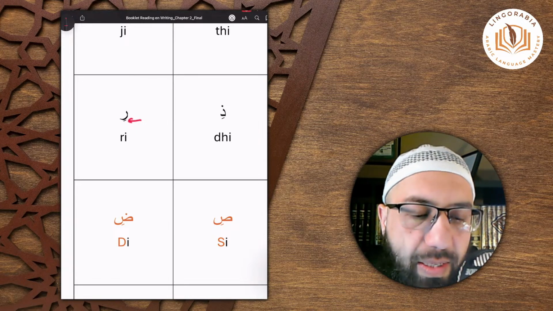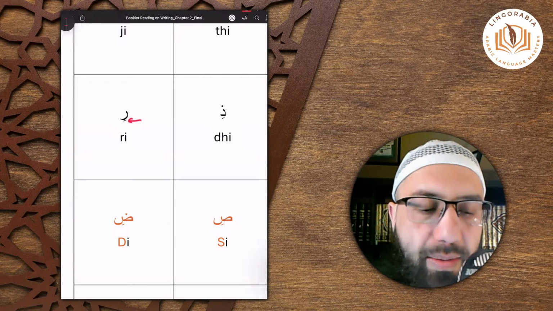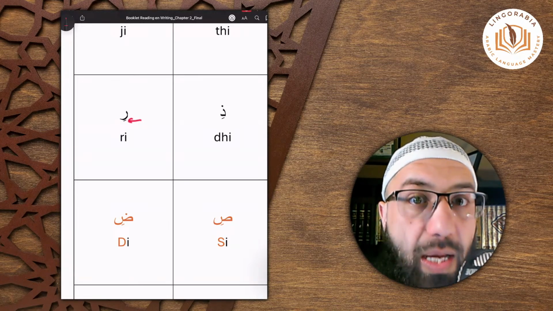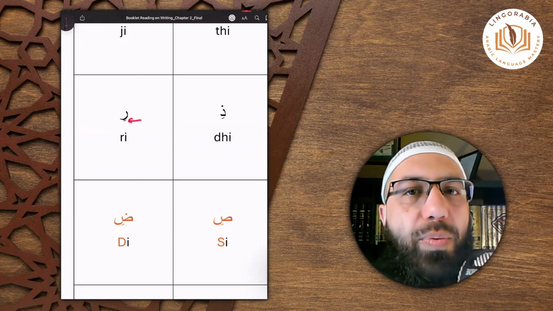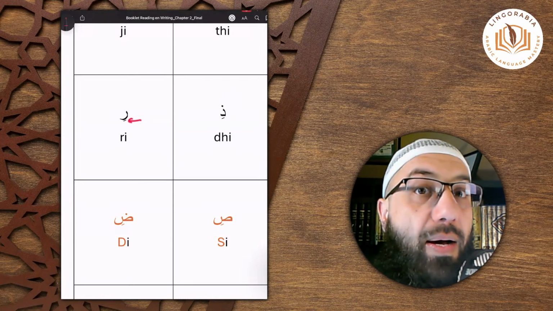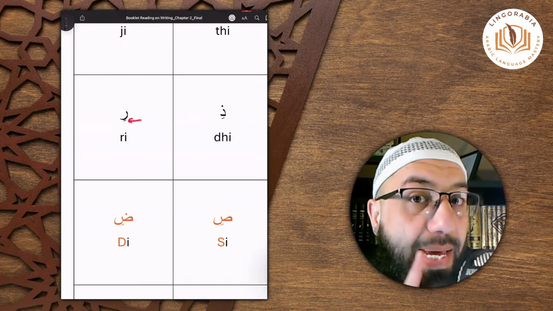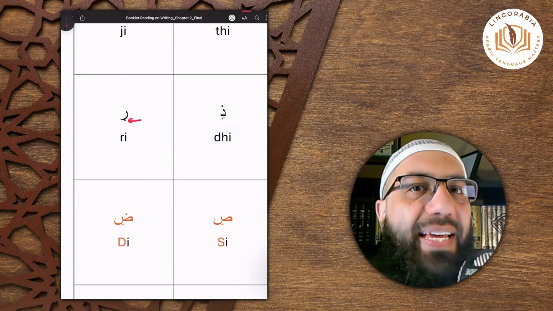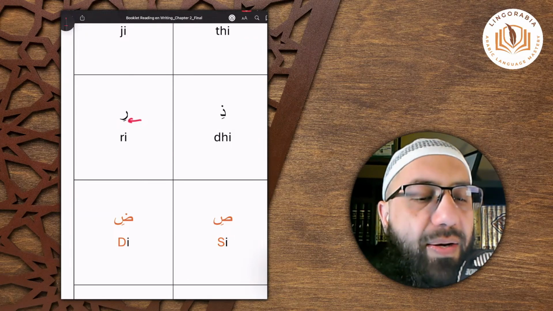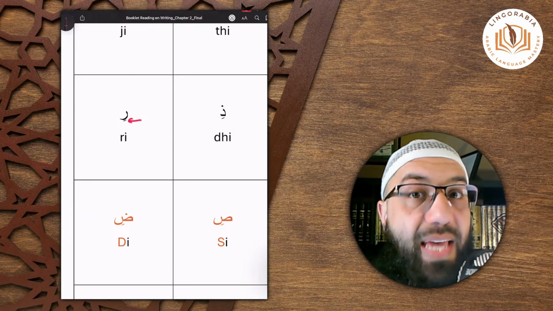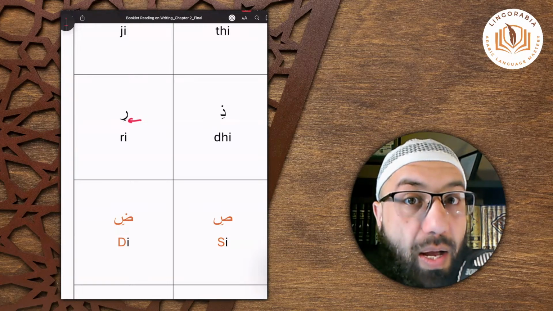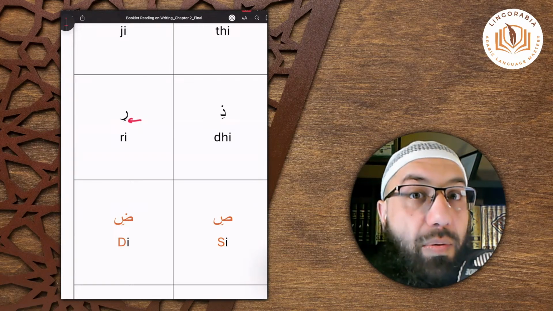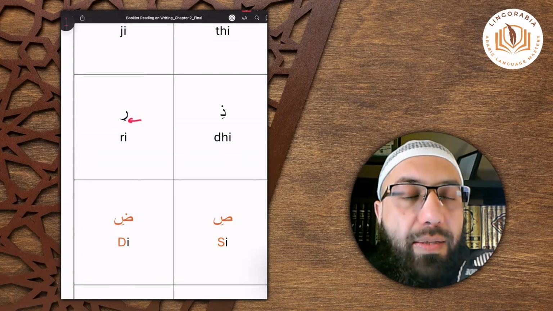What do you mean by heavy? Listen to two pronunciations. You have ra, and you have ra. Do you hear the difference? The first one is heavily pronounced, like sira, siratal.